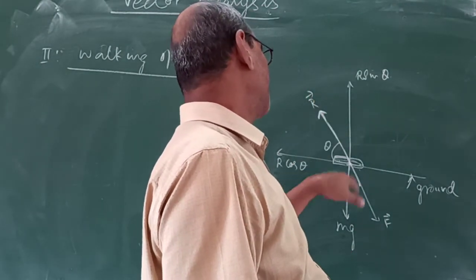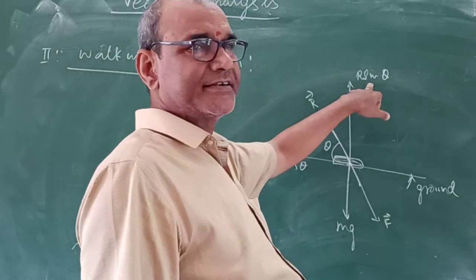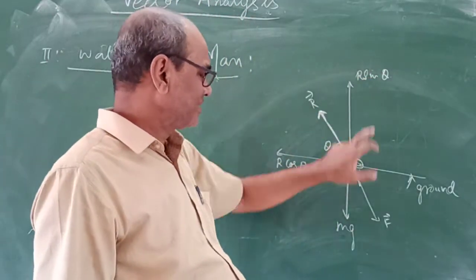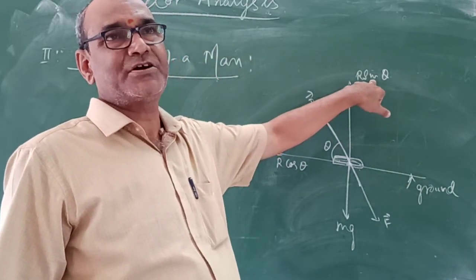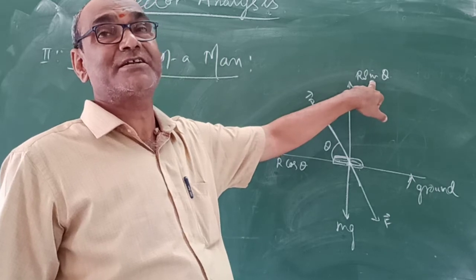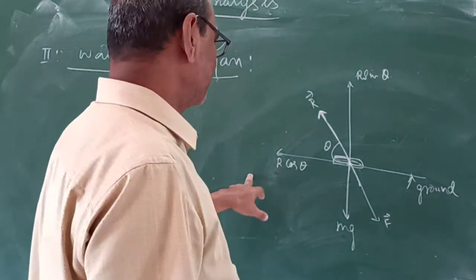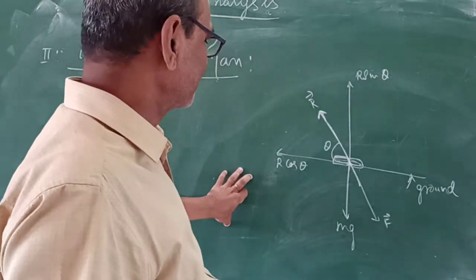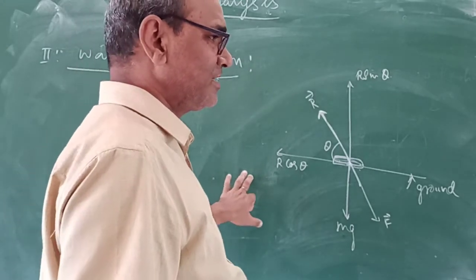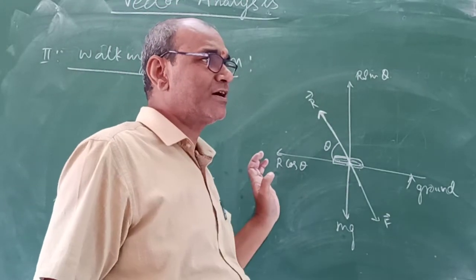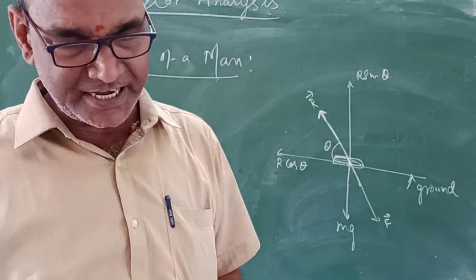Therefore, resolve R into two components, R cos theta and R sin theta. From this diagram, mg and R sin theta balance each other because they act along the same line of action but in opposite directions, so they cancel each other's effect. Only the horizontal component R cos theta helps a person to move in the forward direction, hence a person can walk. Is it clear, all of you?